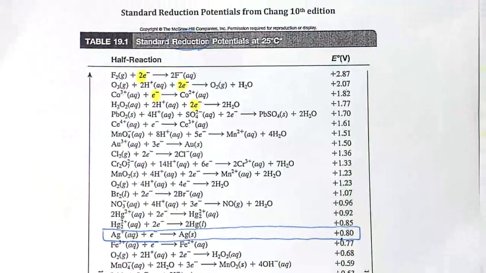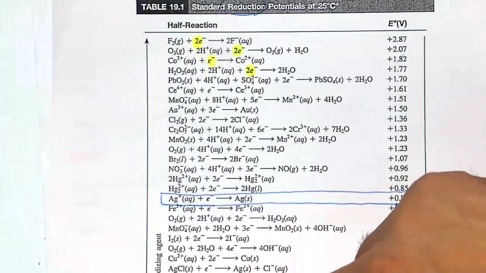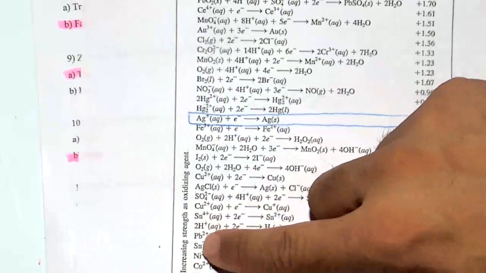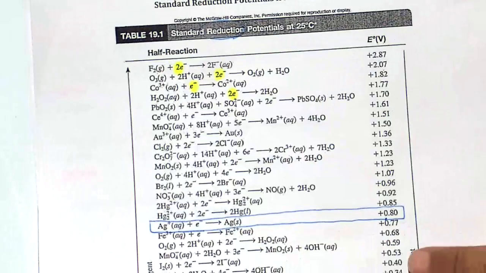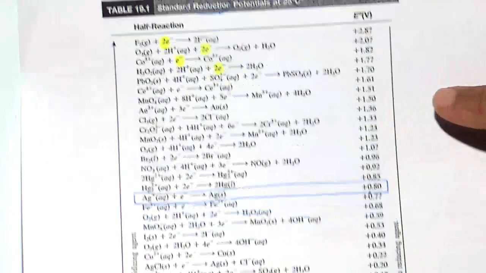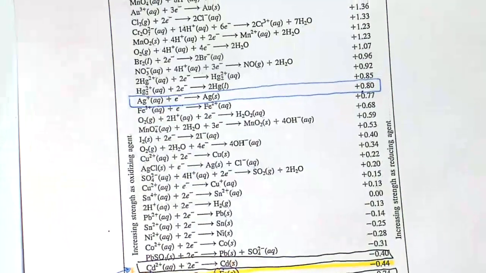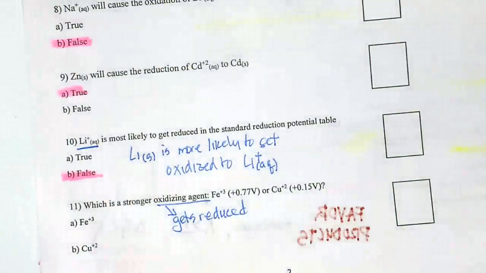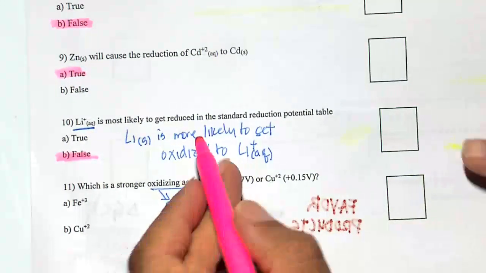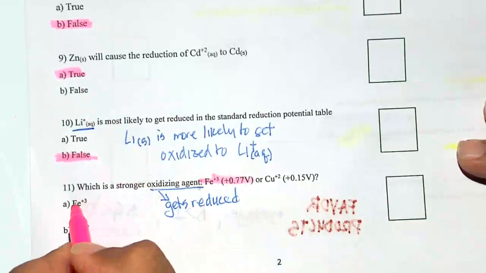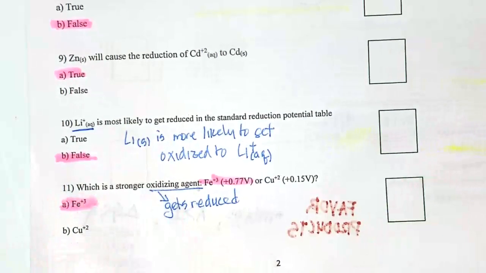Here you can see it: increasing strength as an oxidizing agent. So we're looking at things that are getting more and more positive. Which is a stronger oxidizing agent? It's going to be the one that's more positive.